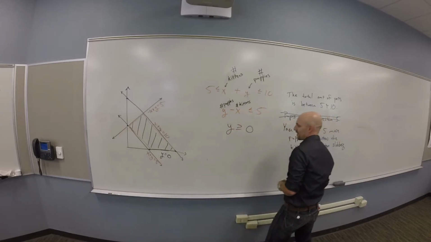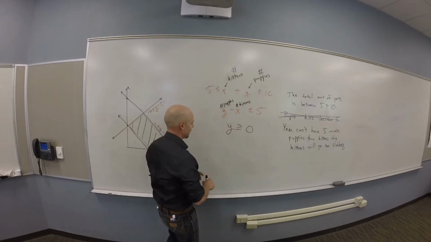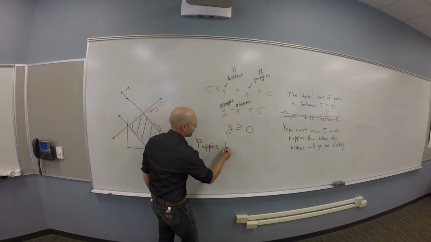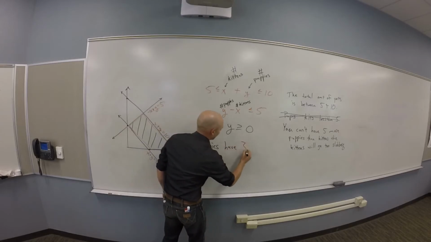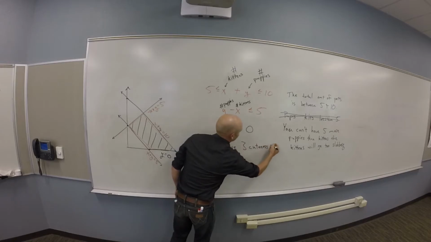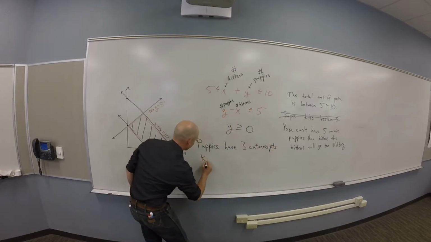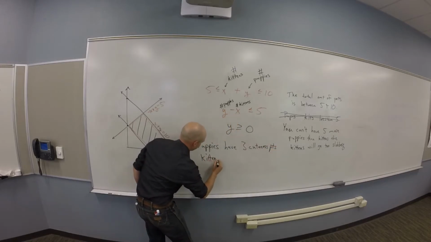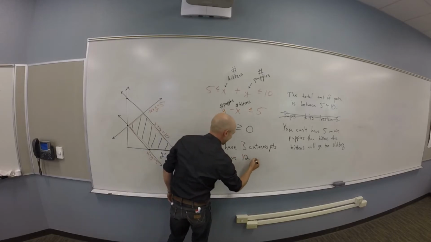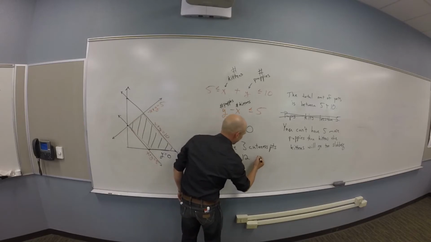Okay, so CCF. I think I want something like puppies have 3 cuteness points. Kittens obviously have more. Kittens have 12.